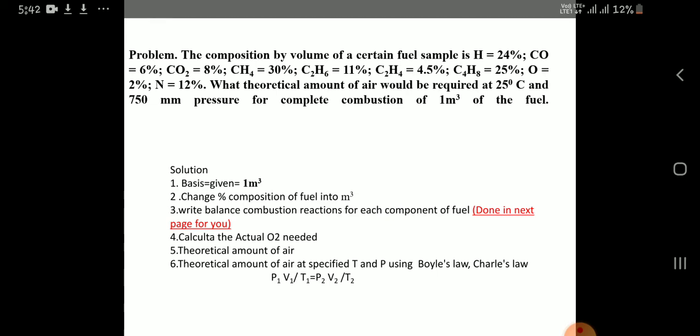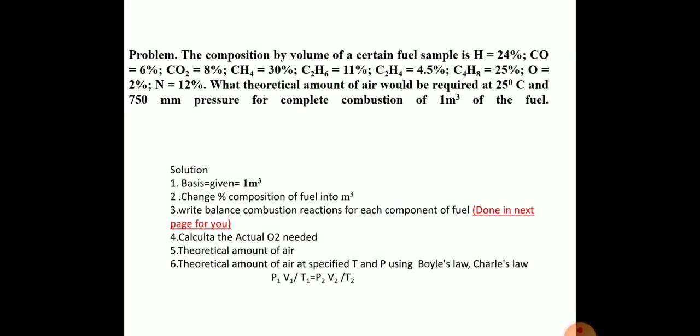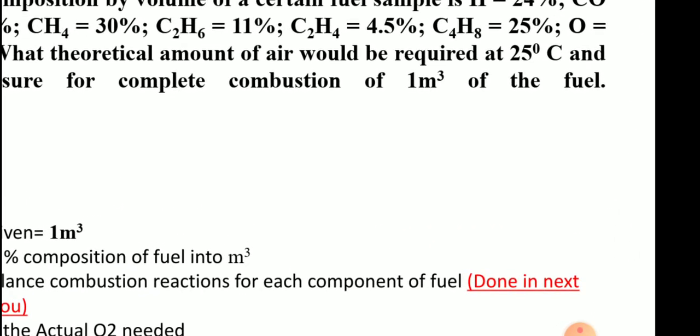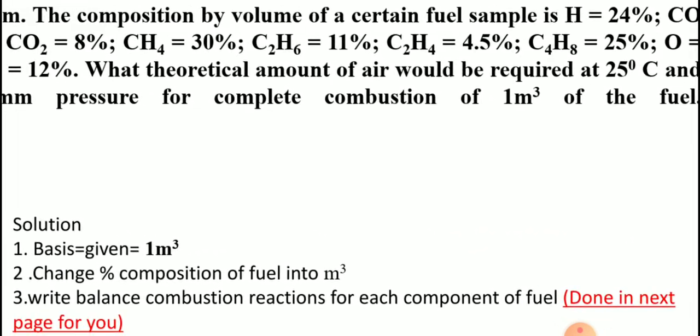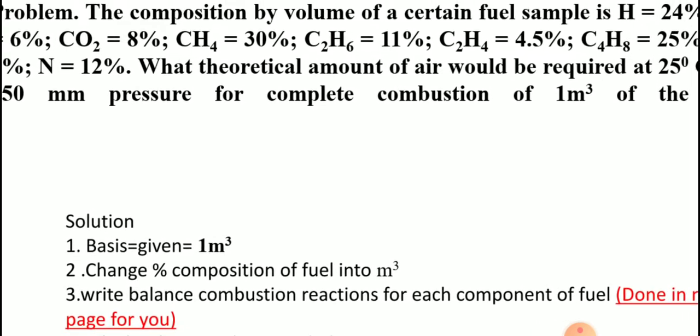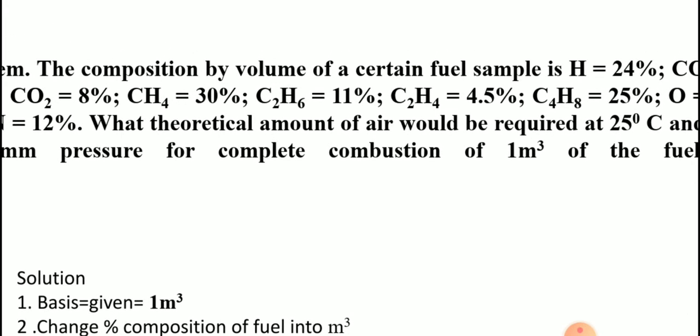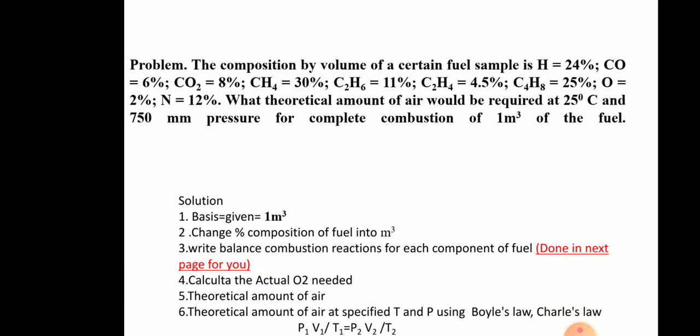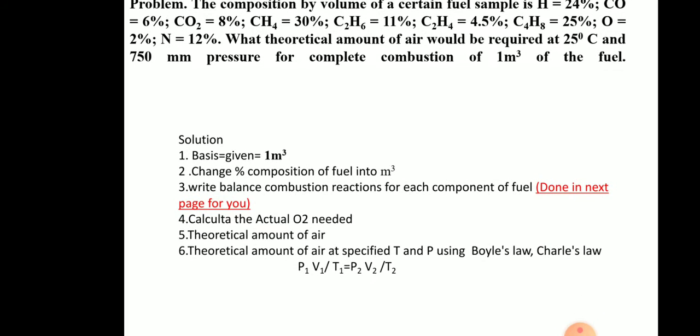Second problem. The composition by volume of a certain fuel sample is hydrogen, carbon monoxide, carbon dioxide, methane, ethane, ethene, butene, oxygen and nitrogen. Now calculate the theoretical amount of air at 25 degrees centigrade and 750 mm pressure for complete combustion of 1 meter cube of fuel. To solve the numerical problem, the following steps are to be done.